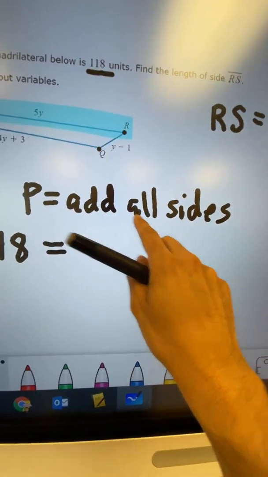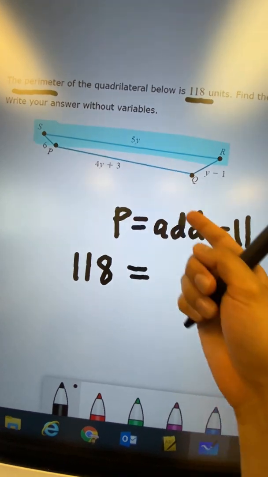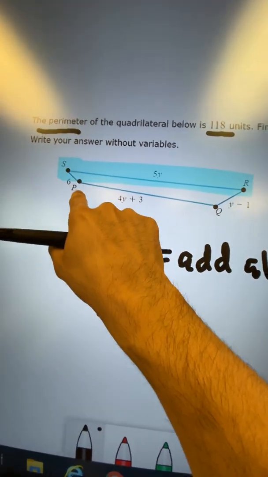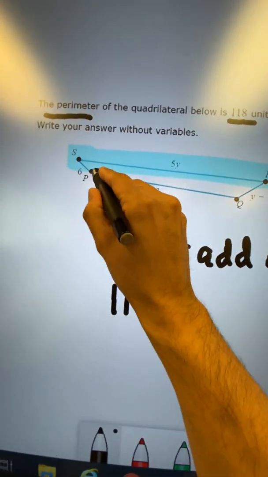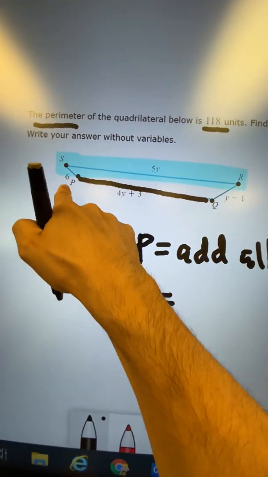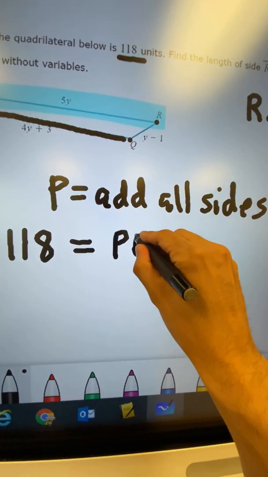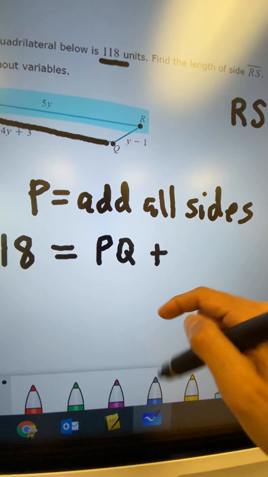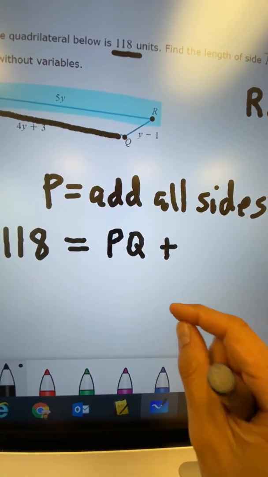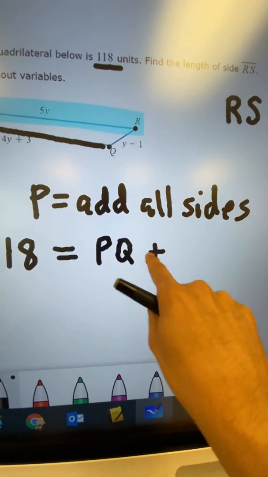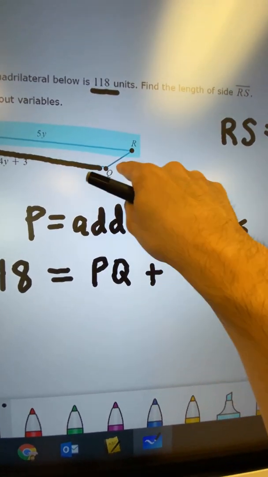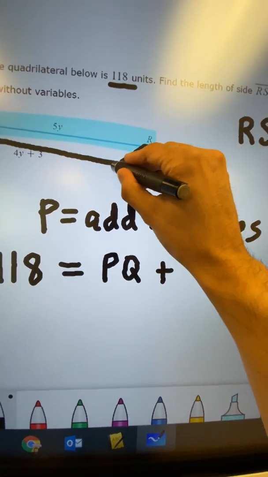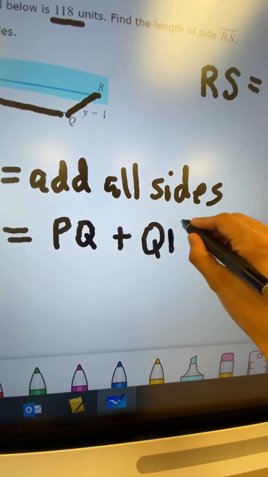So the lengths of the sides, right? We have to add all the sides. So in this case, what are the actual sides in terms of the letters? So I'm going to put PQ, right? From here to here, these are the endpoints P and Q. So that's one side, represented by PQ, plus, and I'll show you why I'm doing it this way because it's actually going to help you with organization for your answer, QR. So this point to this point, that's another side.